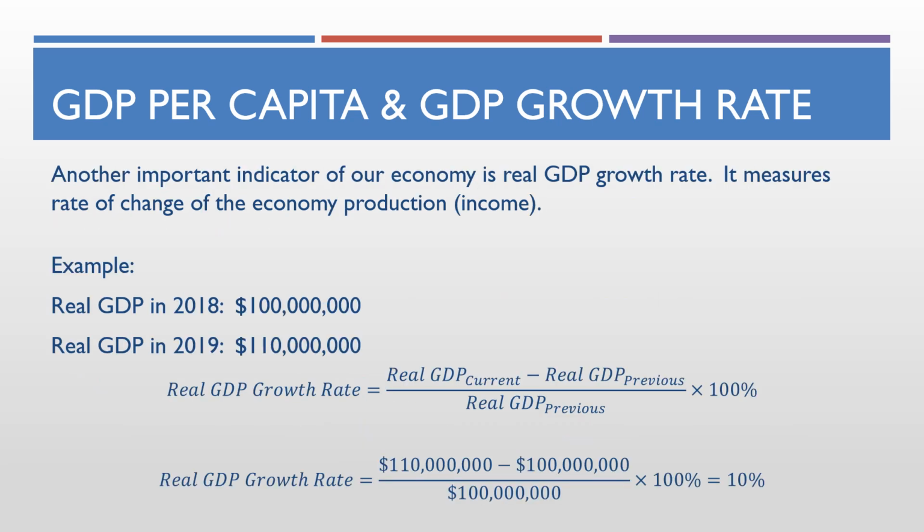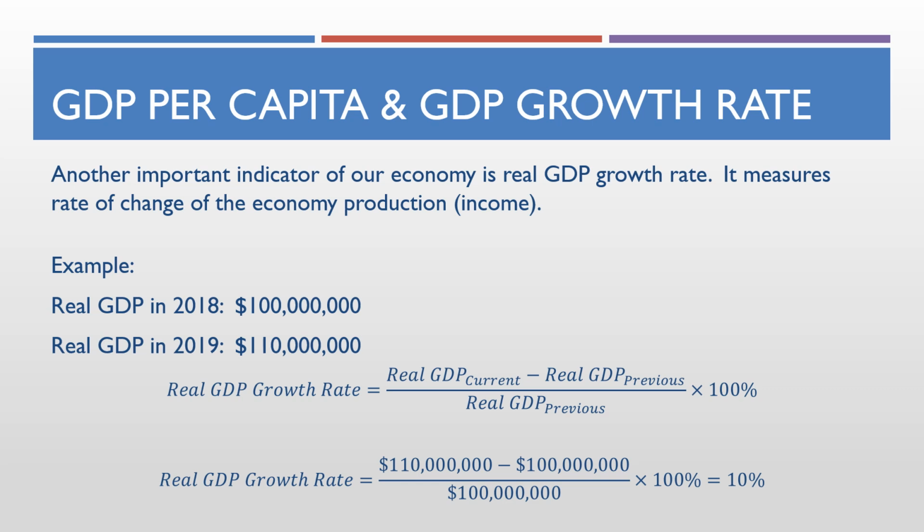Another important indicator of our economy is the real GDP growth rate. Instead of talking about per capita, we also want to know whether one economy is growing faster than another. Here's an example of how we calculate growth rates. It's a simple percentage change calculation: take the current real GDP minus the previous real GDP, divided by the previous real GDP, and multiply by 100% to get the percentage growth of real GDP year by year, or period by period.